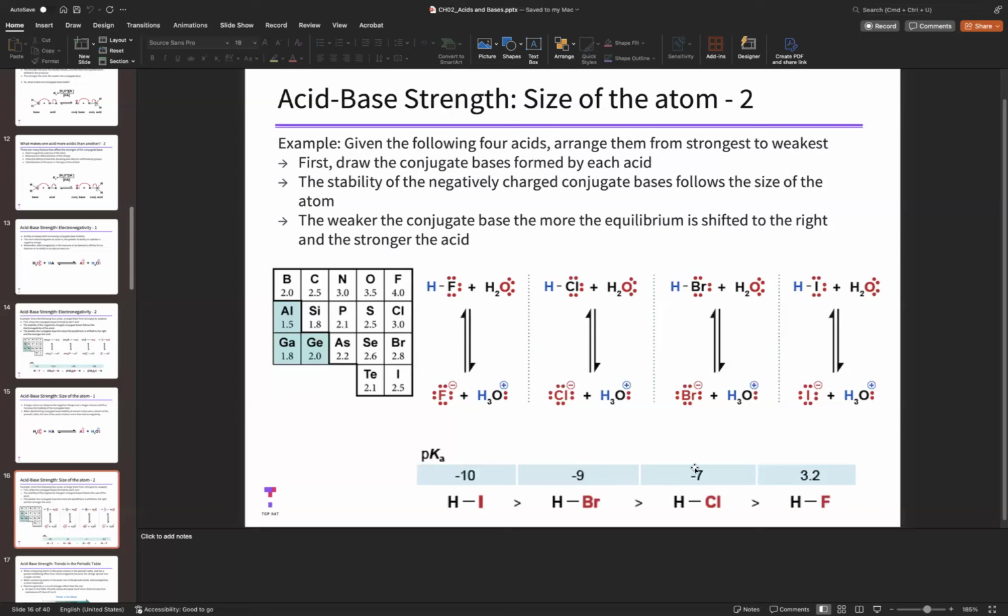Hydrochloric acid has a pKa of -7, and hydrofluoric acid has a pKa of -3.2. So acidity wise, the pKa's are increasing from bottom to top, which means the acidity is highest going down.